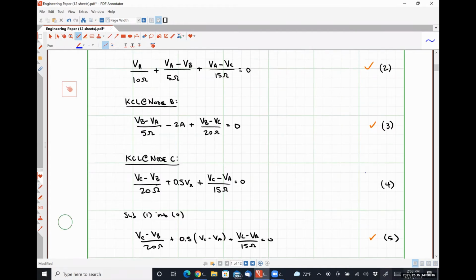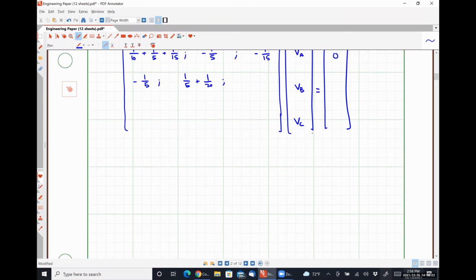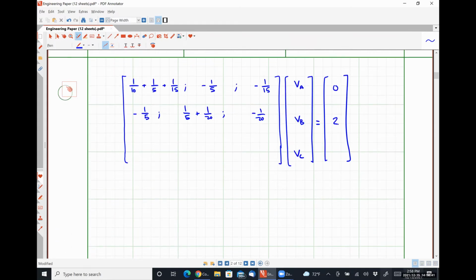And our coefficient for VC, -1/20. And our constant value term, we need to move that to the right-hand side of the equal sign. So it's that 2 amp term. When we move it over, it gives us positive 2 amps. So this will be +2.